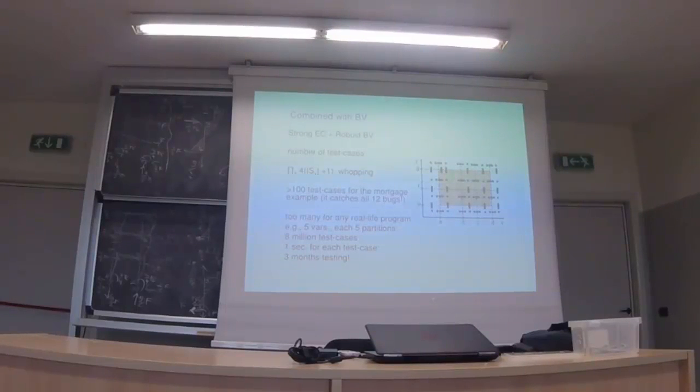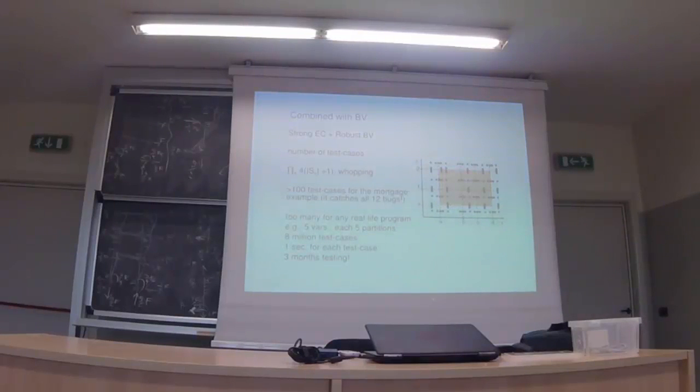In the example, we have more than 100 test cases, but it catches all the 12 faults that were in the code. So it's good. But there are too many for every kind of real-life program.